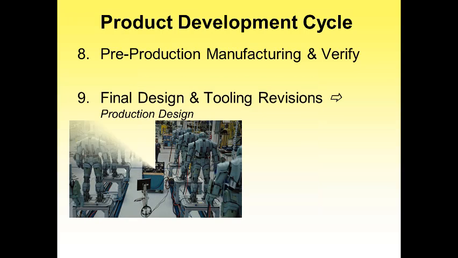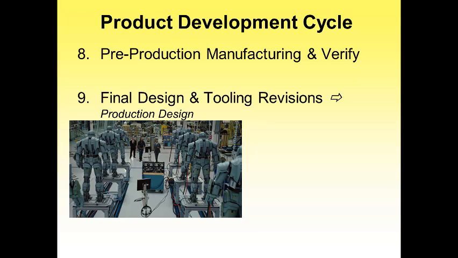Once again, we usually learn a few things in that process, and so we'll go through another design revision, perhaps in the tooling designs, maybe even in the original product component designs, modified to make them better or more robust or more cost-effective.